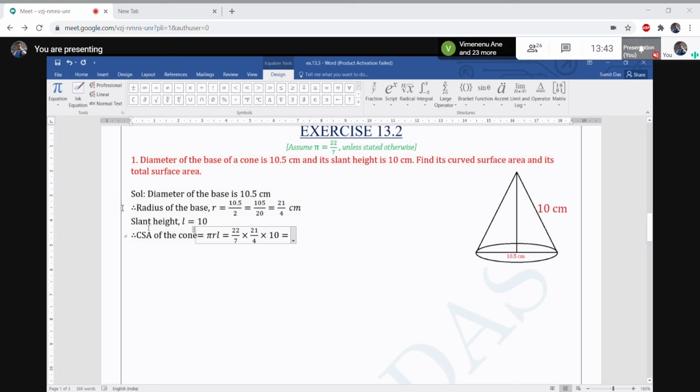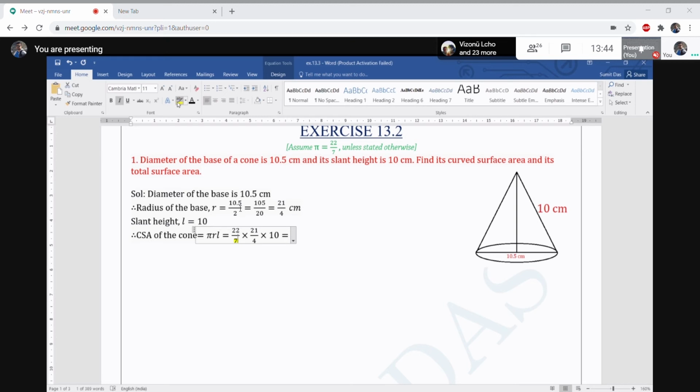If you simplify, you can see 7 and 21 cancel, right? And 4 and 22 will be cancelled.